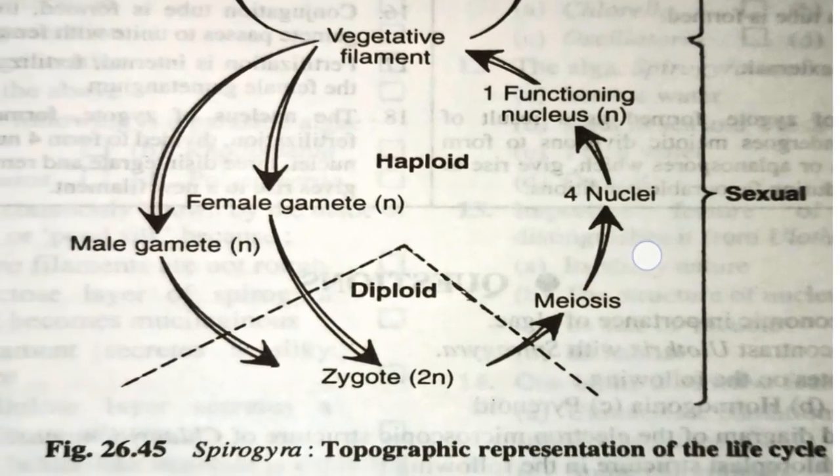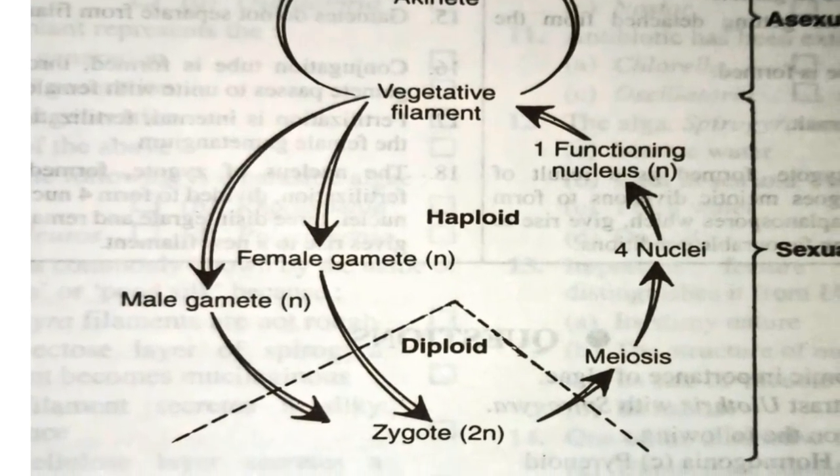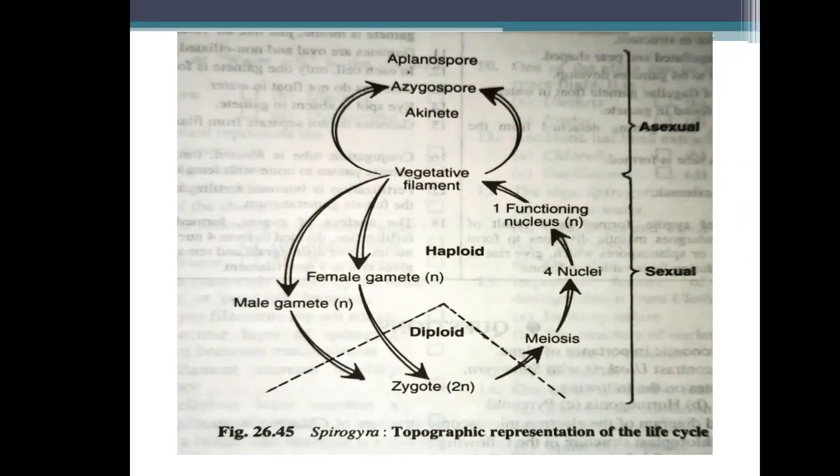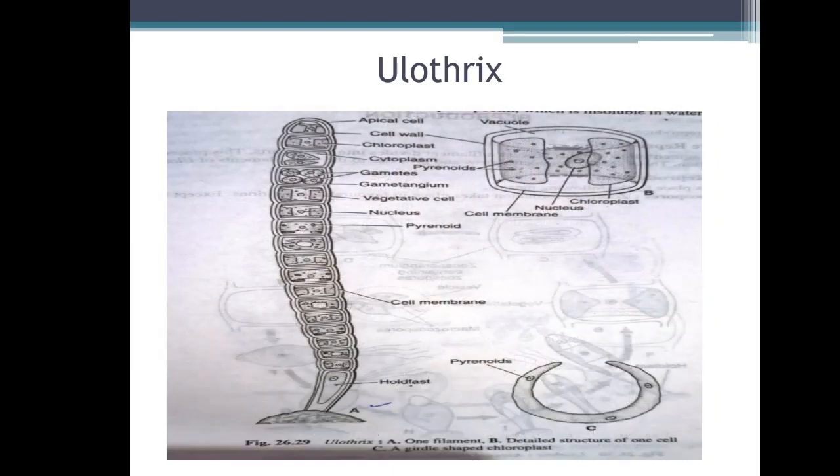In the sexual mode, the two strands, where nuclei are fused by conjugation, ultimately form a zygote. It is only the diploid stage, and after that meiosis is responsible for forming the haploid stage. The four nuclei form four haploid spores, and they germinate to form the vegetative Spirogyra.